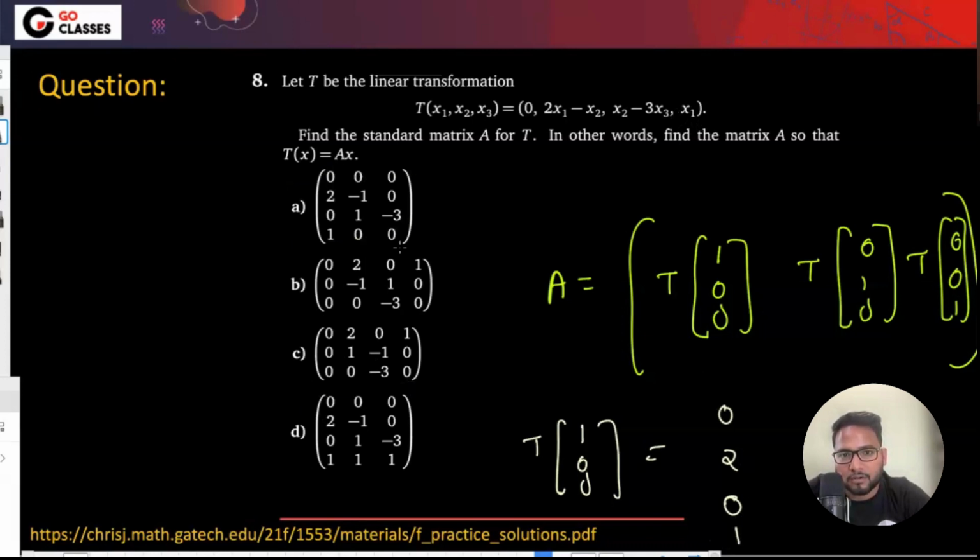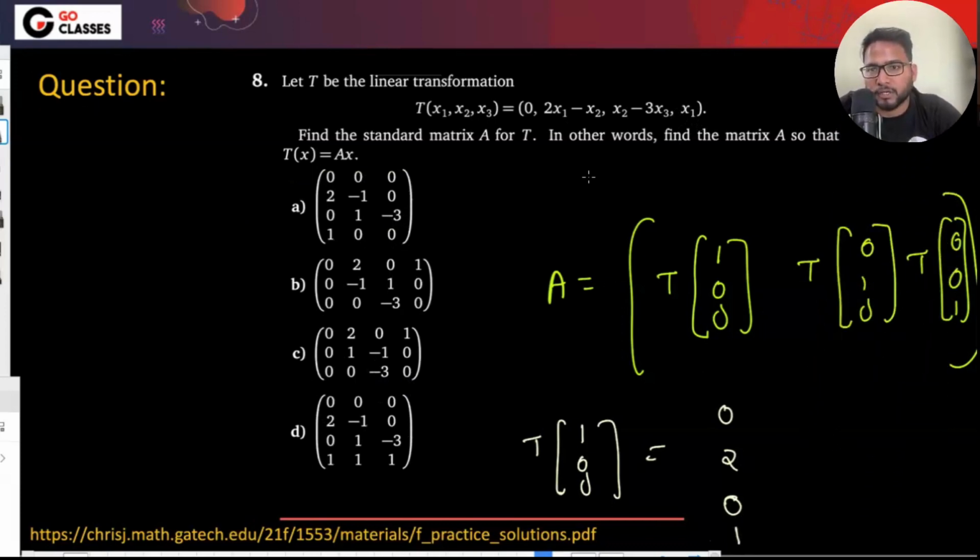Now I think I can calculate T of 001. So T of 001: x3 is only 1, right? 0 minus 3 and 0. I think A is the correct answer, right? Okay. So this is coming out to be 0 0 minus 3 and 0. Is this okay to everyone? How we calculated?